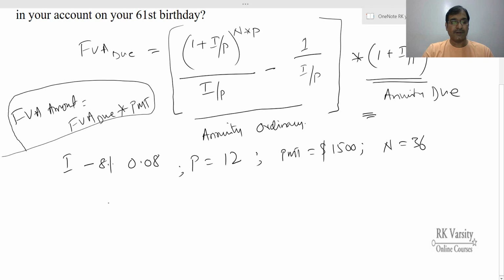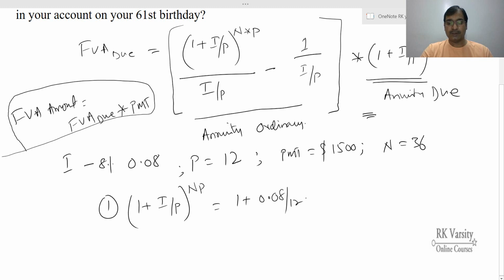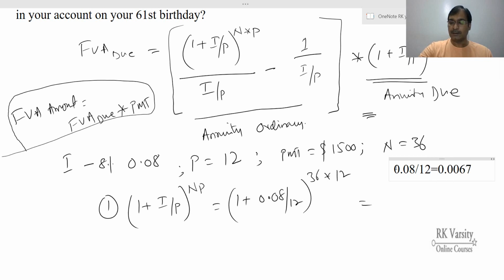Now first, step 1: 1 plus I upon P raised to the power of n times P. So this is 1 plus 0.08 upon 12, then 36 into 12. 0.08 upon 12 is 0.0067, so 1 plus 0.0067, then 36 into 12.